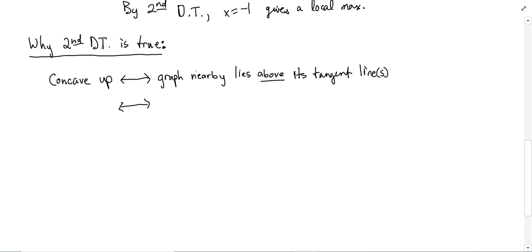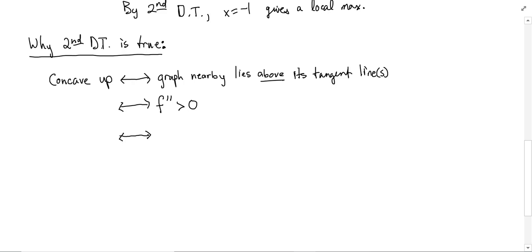Analytically, actually this can be made into an analytical statement too, but analytically, the second derivative is positive. We'll draw a picture in a minute to explore these things.